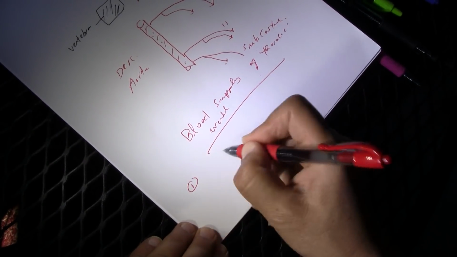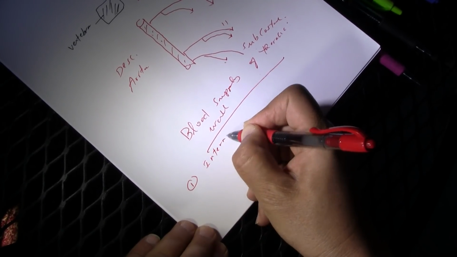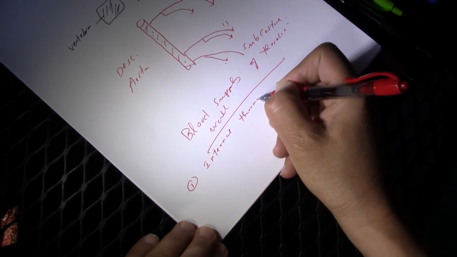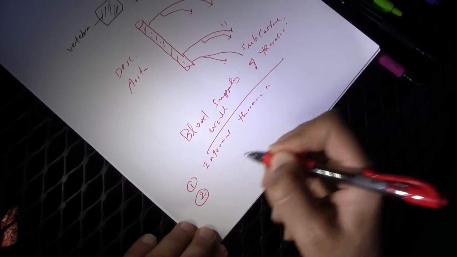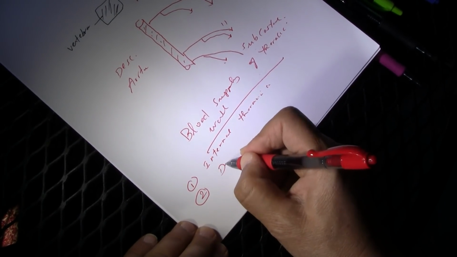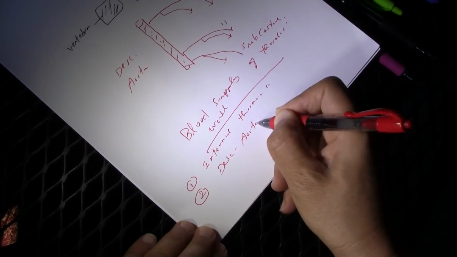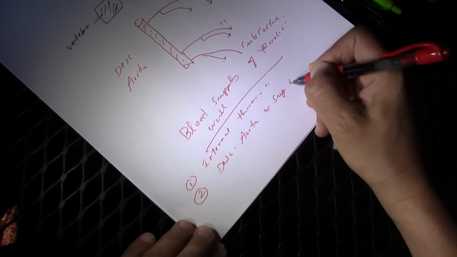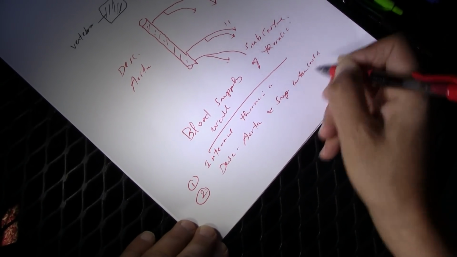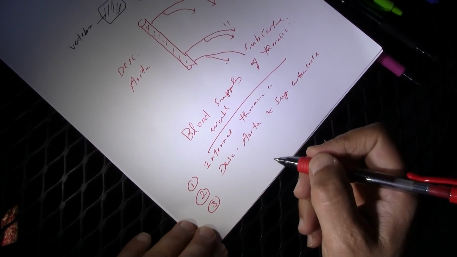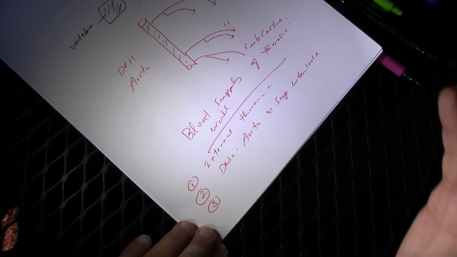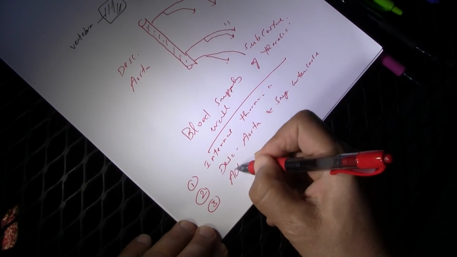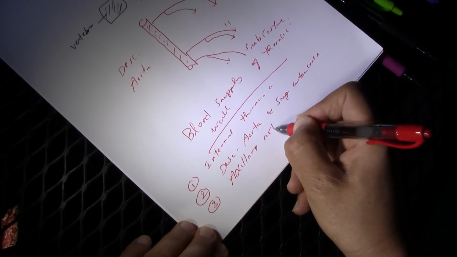Keep in mind again, this is a summary of the blood supply of the thoracic wall. First, anteriorly, the internal thoracic artery. Posteriorly, the descending aorta and the superior intercostal artery. Then from outside, you will see branches coming from the axillary artery.